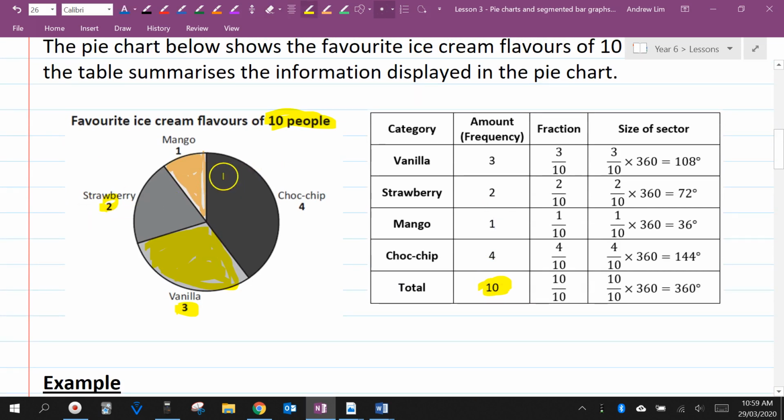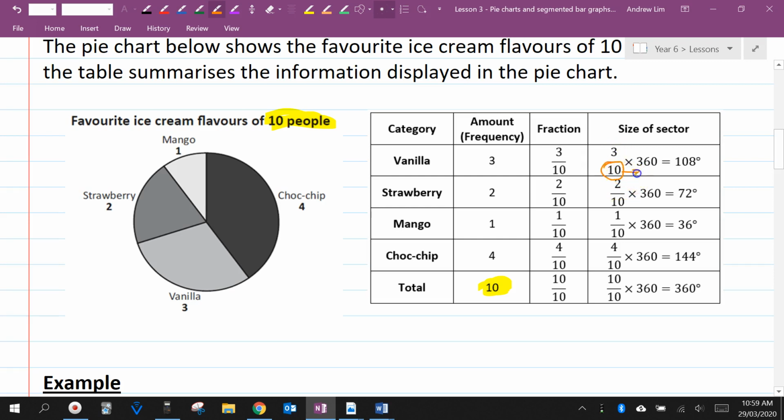So now we want to work out, if you're wondering, how big do I make these sectors? How do I know how big they are? Well, because vanilla is 3 out of 10, we're going to take that fraction and multiply it by 360, because there are 360 degrees in a circle. The best way to do this without a calculator: can you see how we've got divided by 10 here, 3 divided by 10?